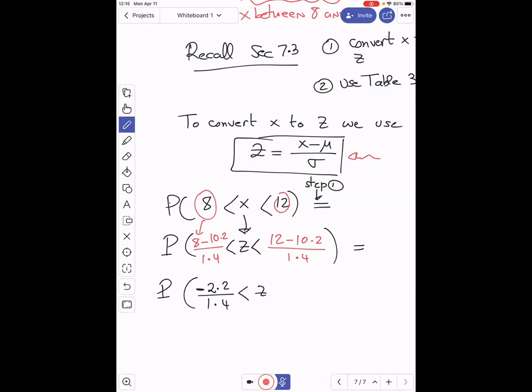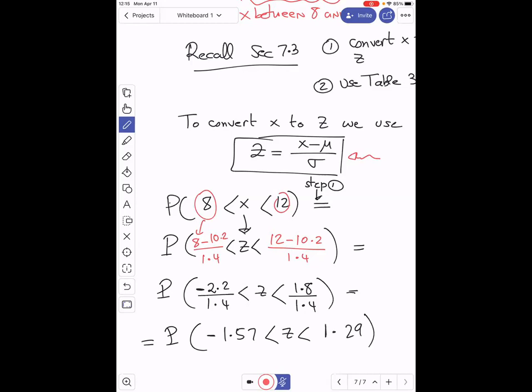And the other side, 12 minus 10.2 is 1.8 over 1.4, which is 1.29.